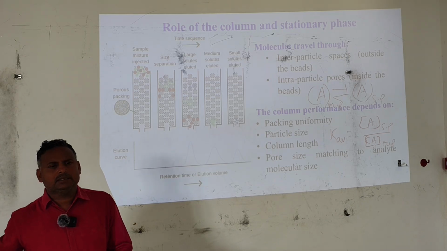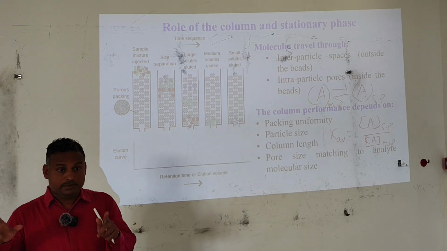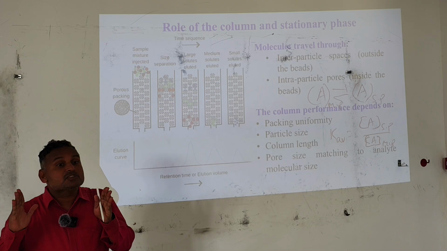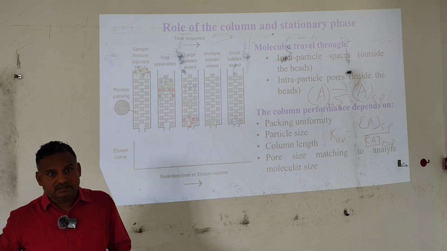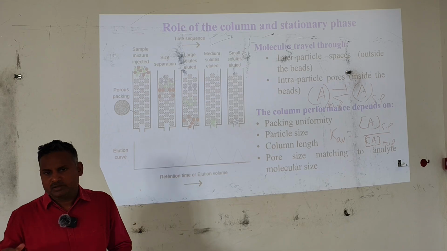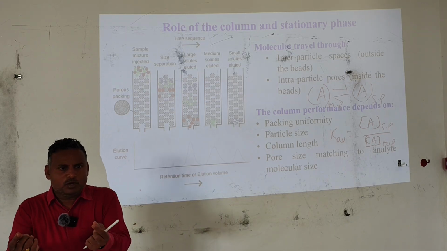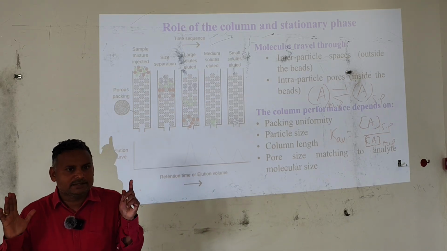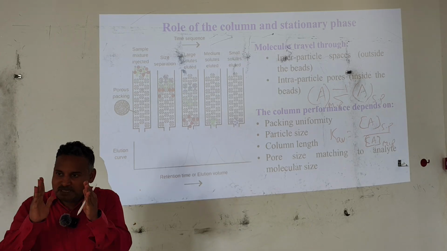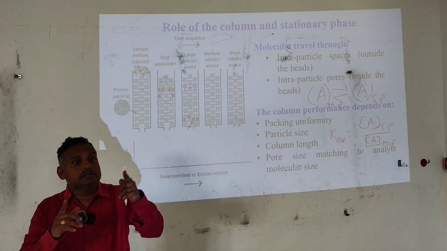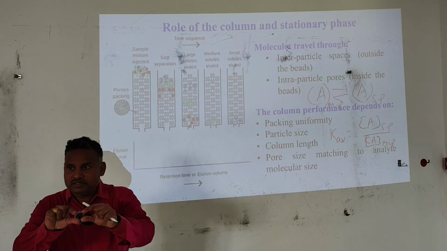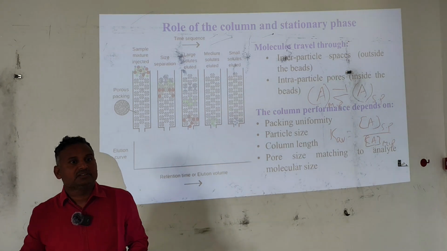Of course, column length depends on the instrument. The instrument manufacturer himself will decide the column length. You cannot do anything. According to the column length, you just need to attach the column, that's it. Columns are readily available, and column length depends on the instrument manufacturer. You need to just attach. That's it.